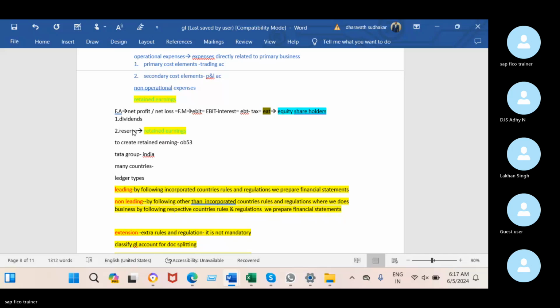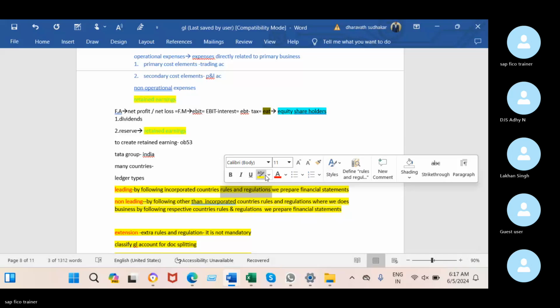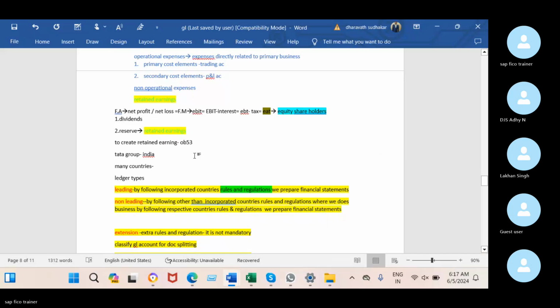Okay, next, ledger. In chart of accounts, we maintain the accounts. In the ledger, the important point is rules and regulations.